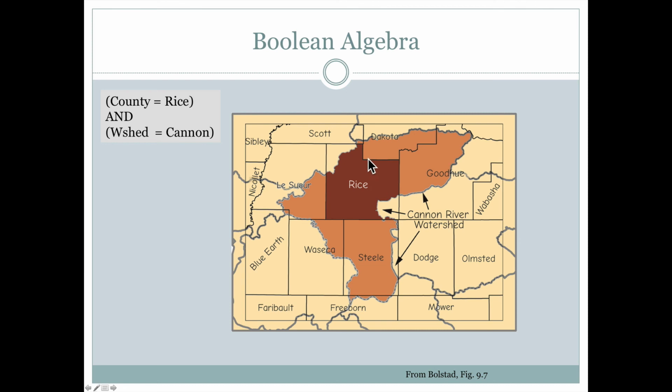So both of those criteria have to be true. So we're not selecting parts of Rice County that are not in the watershed, and we're not selecting parts of the watersheds that are not in Rice County. So once again, in this case, and limits our selection. Both of those things have to be true in order for the area to be selected.